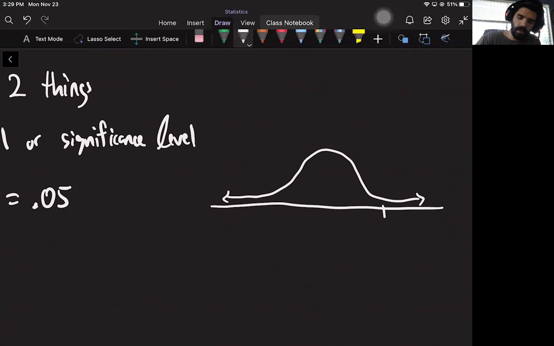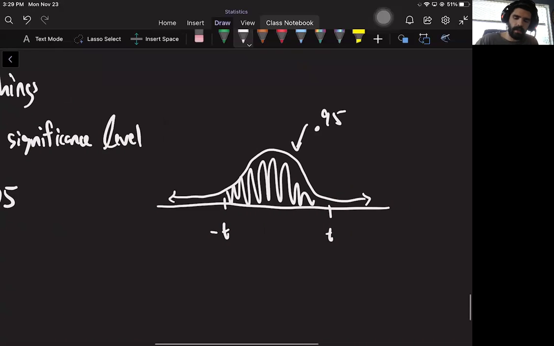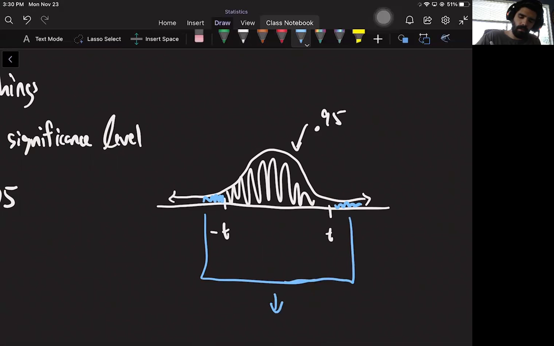So the idea is you have your t-scores, t and negative t. This is the t-score you're looking for. And your confidence level corresponds to this amount of area, which in this case would be 0.95. And then the total outer area, the blue area, that's going to add up to 0.05.